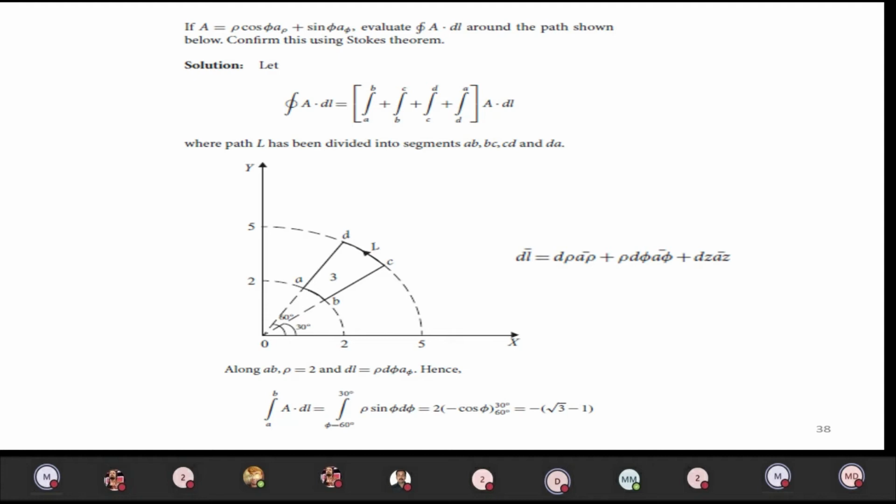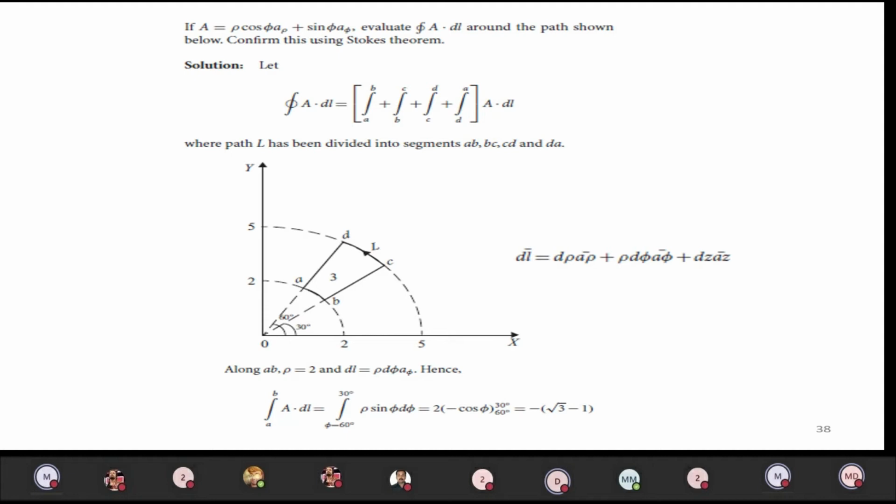Now I want to substitute here. Rho is constant, so I don't need d rho a rho, and dz a z also becomes 0 because there is no z term here.